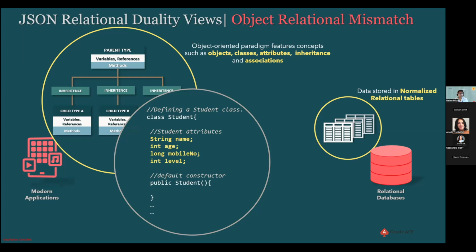As you see on the screen, this is a code snippet from Java, where a student class has been defined. So it might be difficult or challenging at times to convert these language objects to normalized forms, and vice versa. They need a special kind of skill and effort to do so.